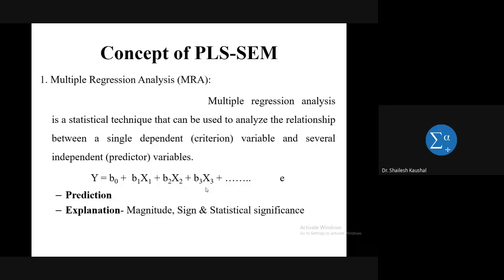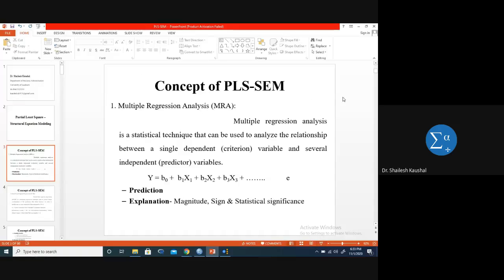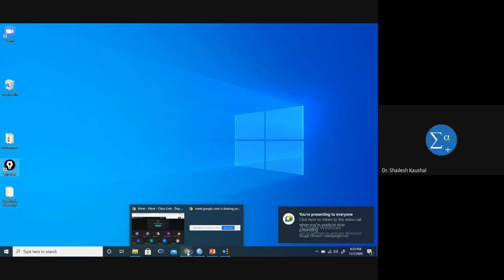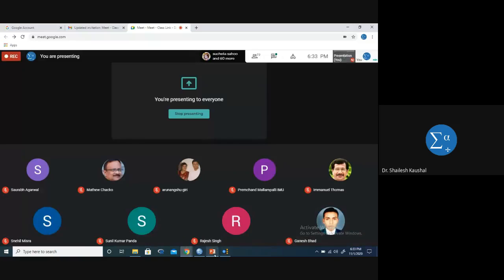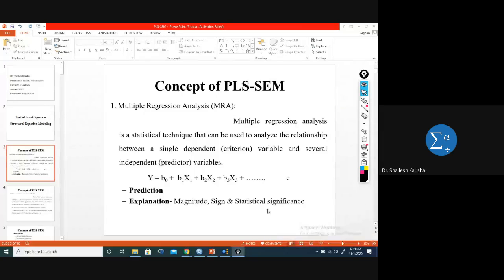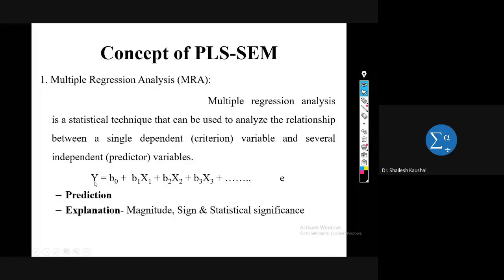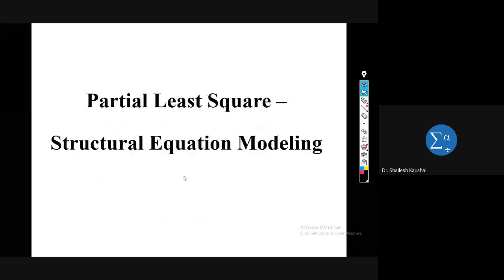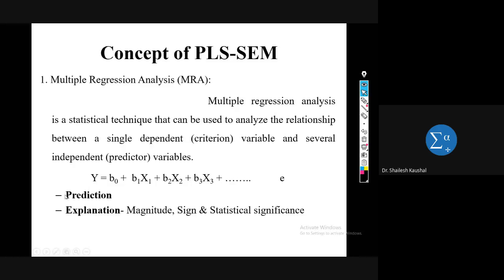Here all the dependent and independent variables are in metric form, meaning data should be interval or ratio. So we know the purpose of multiple regression analysis is prediction and explanation.